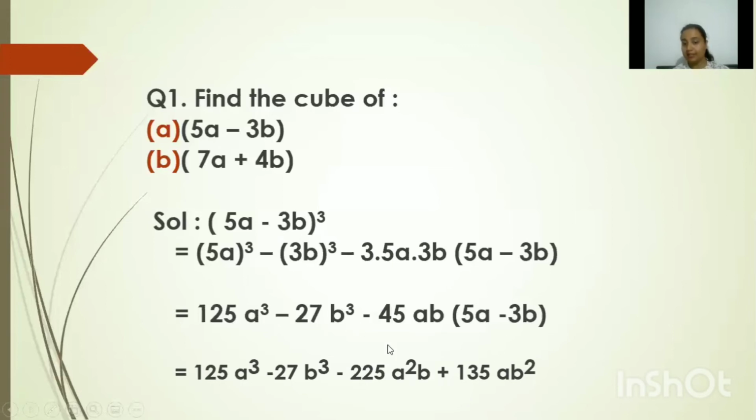Minus, minus, plus. Many times, students forget to pay attention to the signs. Please don't do that. See, minus and minus is giving you plus. Then 3 fives are 15, 1 carry, 3 fours are 12, and that 1 gives you 13. And a, b and b gives you b square. So now this is the expanded form.